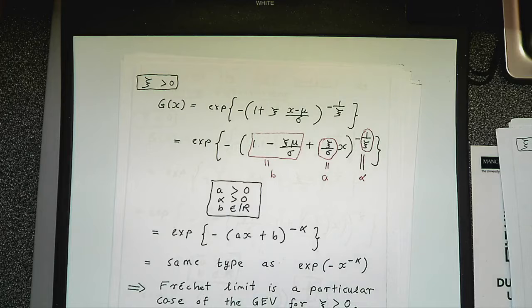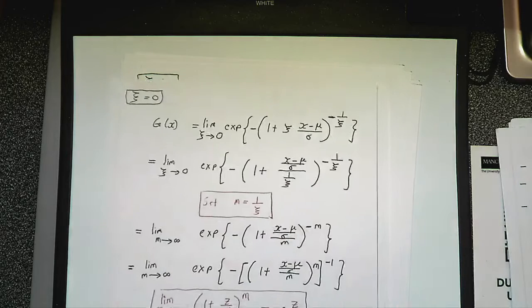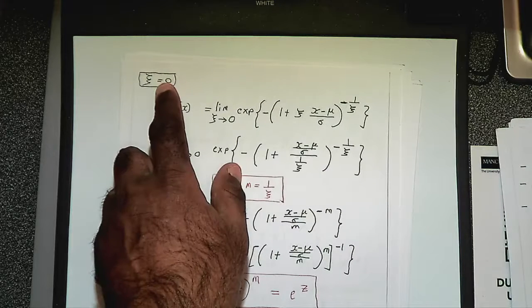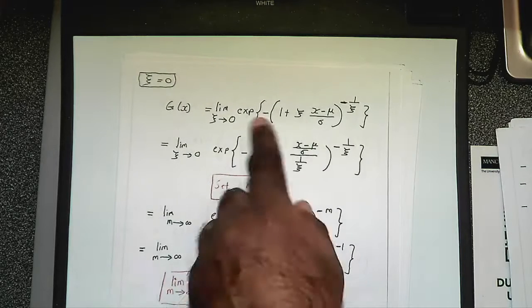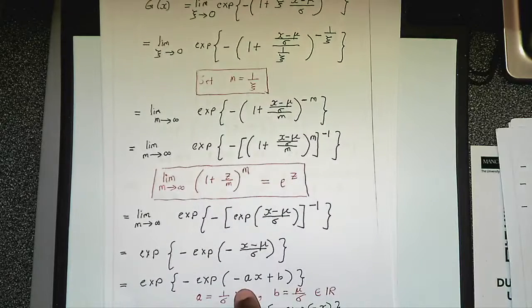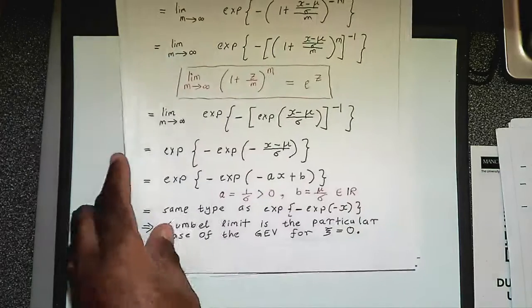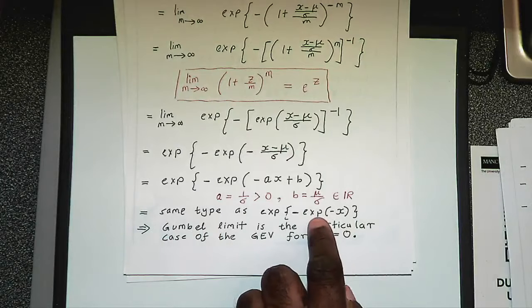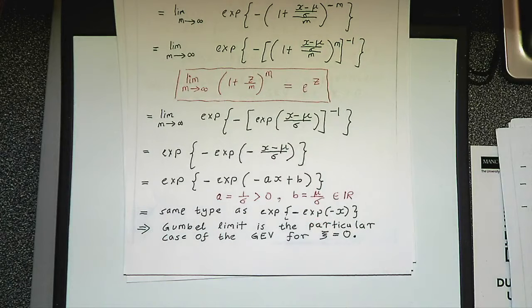And when psi is 0, it turns out that this formula here reduces to something like this, which is of the same type as this, and this is the Gumbel limit that we talked about last week.